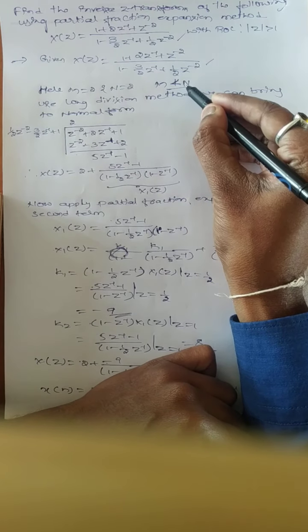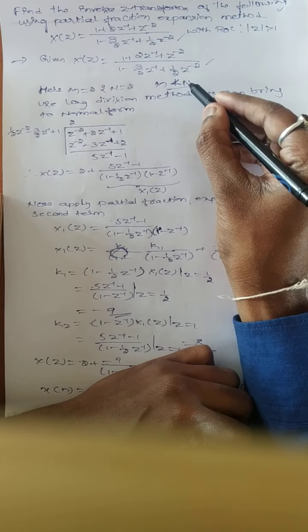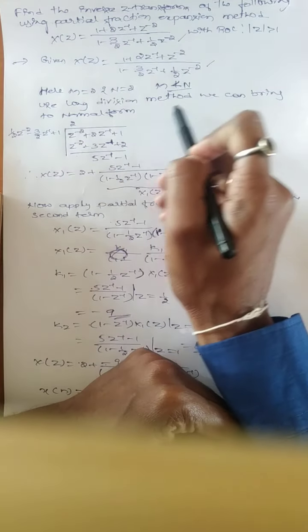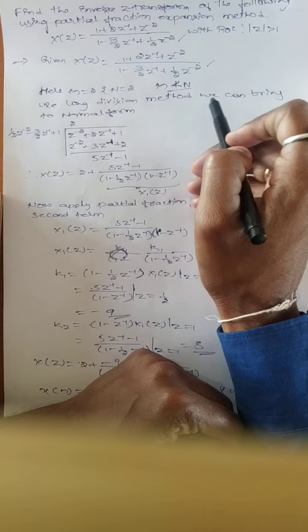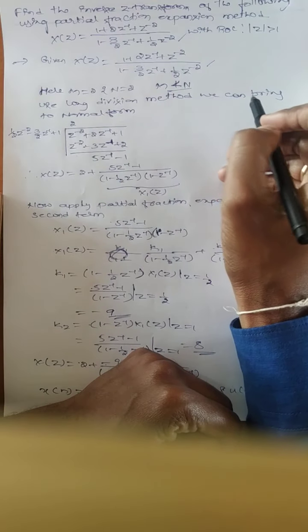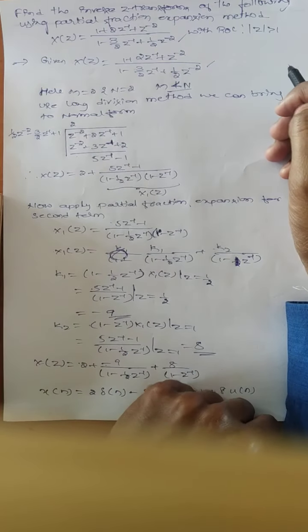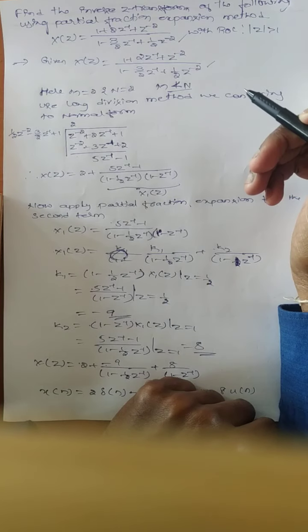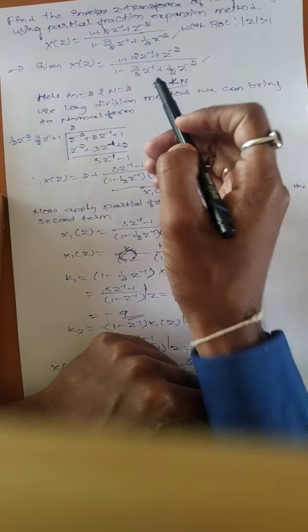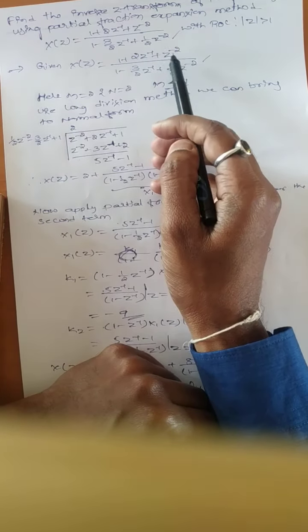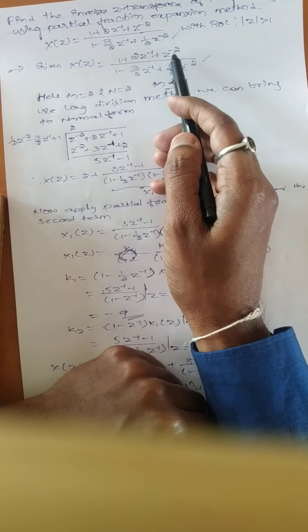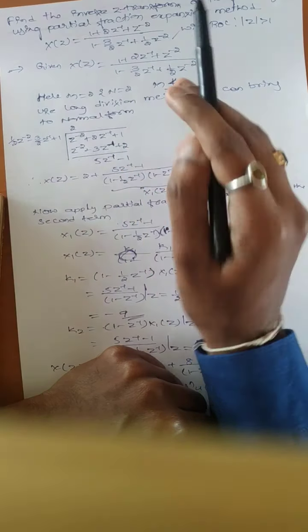So you have to make it less than n. Use the long division method. I think you have already studied the long division method. Use the long division method to bring it into a normal form. You write the numerator in the reverse order, that is z to the power of minus 2 plus 2z inverse plus 1.